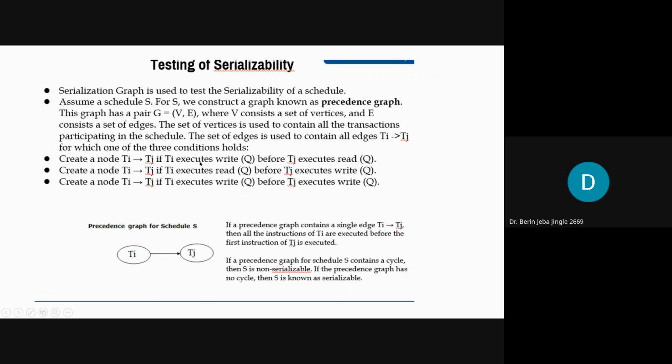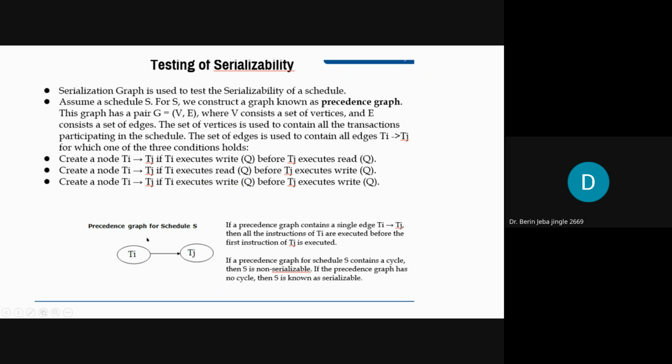This is the first condition. The second one: create an edge if Ti executes read(Q) before Tj executes write(Q). The next one: if Ti executes write(Q) before Tj executes write(Q). These are the three conditions for testing serializability, which I will explain with an example.